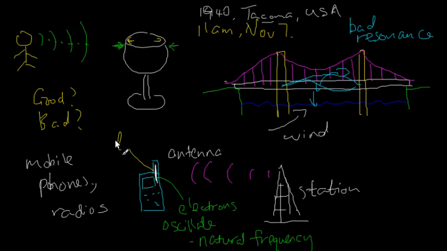So as it turns out, when the length of the antenna is roughly equal to half of the wavelength of this microwave or radio wave in the air, then the natural frequency of the electrons oscillating in the antenna would be the same as the frequency of the microwave, and then there would be the biggest current generated in the antenna, and this would then be strong enough for the electronics in the mobile phone or radio to detect the signal and to produce your favorite music or the voice of your friends.